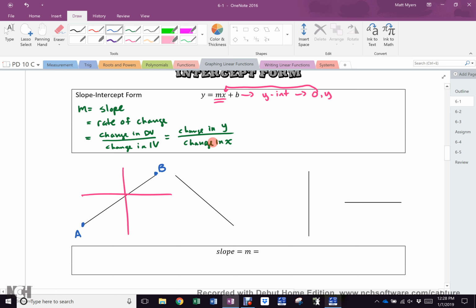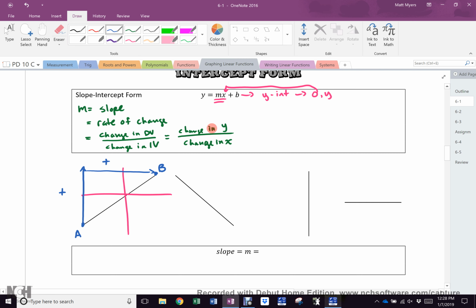How do I measure y's on a graph? Up and down or horizontal? Up and down. So I need to get from A up to B. So I go up there, correct? Since I went up, is it positive or negative? It is positive. Then, to get to B, I must go this way, which is right. That is also positive.